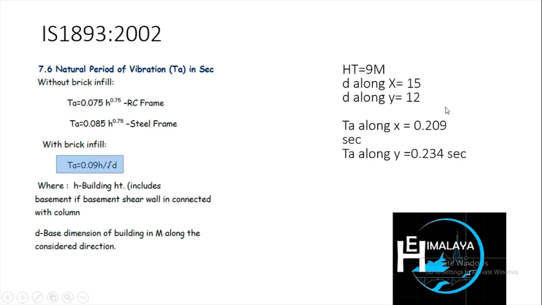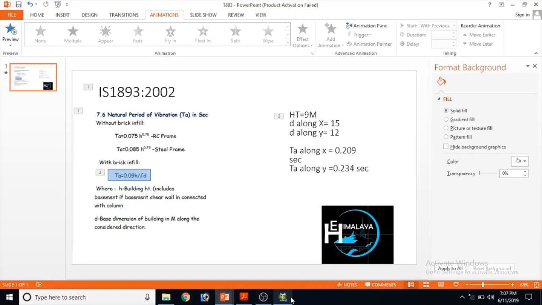Since ours is with brick infill, we have already found that the natural time period along X is 0.209 second and 0.234 second along Y.